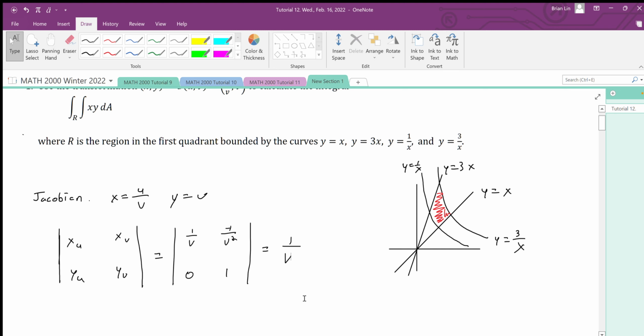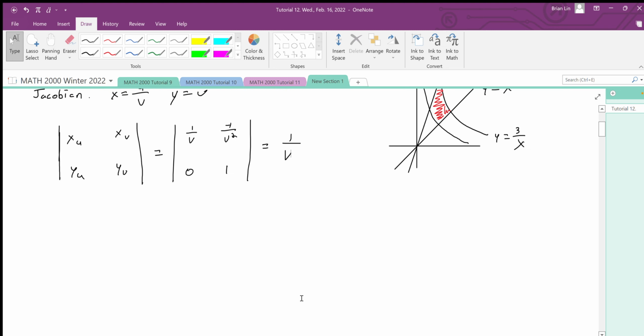Then we want to figure out how the bounds look in terms of u's and v's. So the first thing is we notice that we had y equals 3 over x and y equals 1 over x.